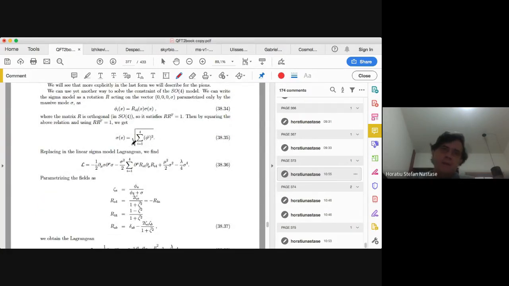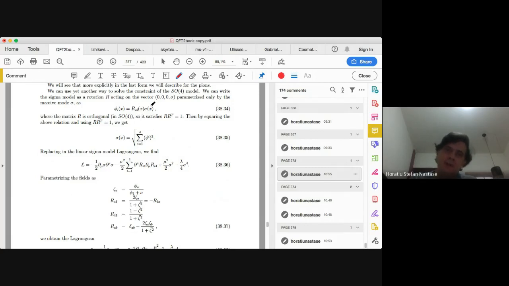There's another way of solving a constraint for the SO4 model. We can write the sigma model as a rotation acting on the vector 0, 0, 0, sigma. So this vector is parameterized only by the VEV plus the massive mode. And then the full sigma model is just a rotation that takes this VEV into a general field.